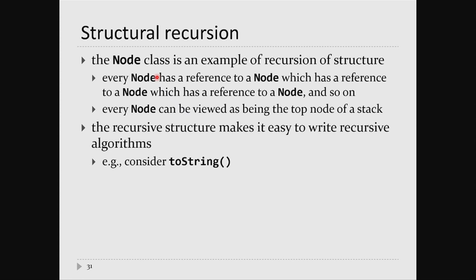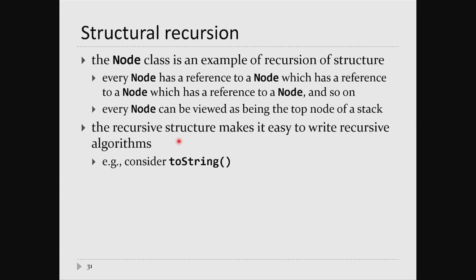Every node has a reference to a node. That node has a reference to a node, and so on, until you have a node whose next node is null. But every node has a node. So that's recursive. The recursive structure makes it very easy to write recursive algorithms.